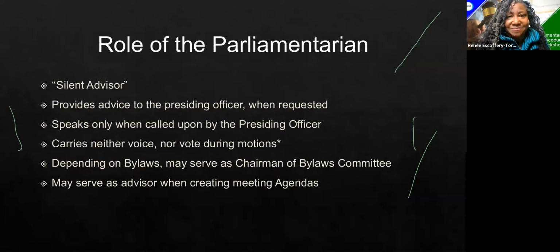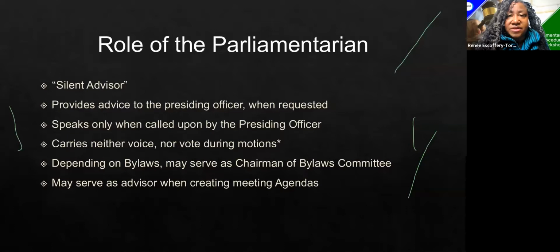Okay, my girl. I love parliamentarians. As I said, my godmother was one. I'm very passionate about them. The parliamentarian is a silent advisor, emphasis on the word silent. If your parliamentarian is talking a lot, she's not supposed to be talking a lot.